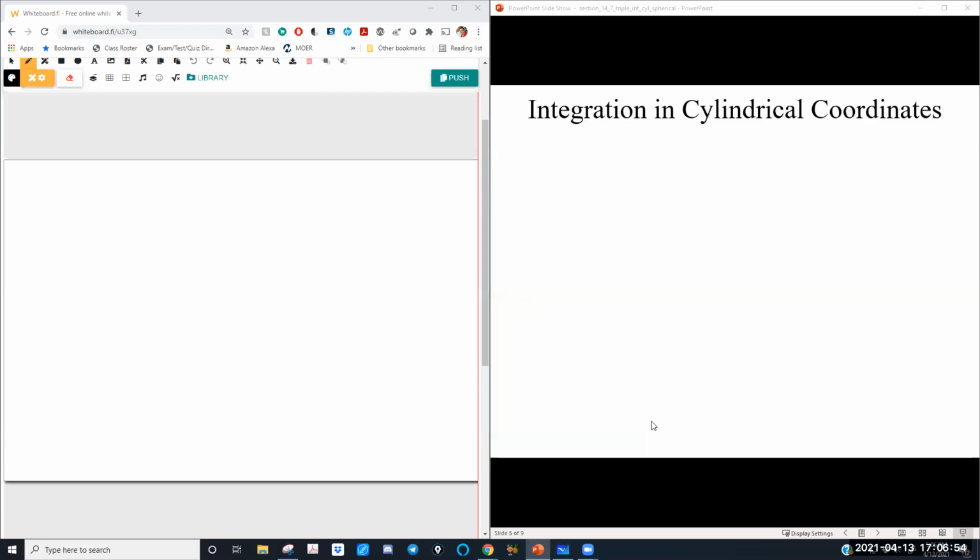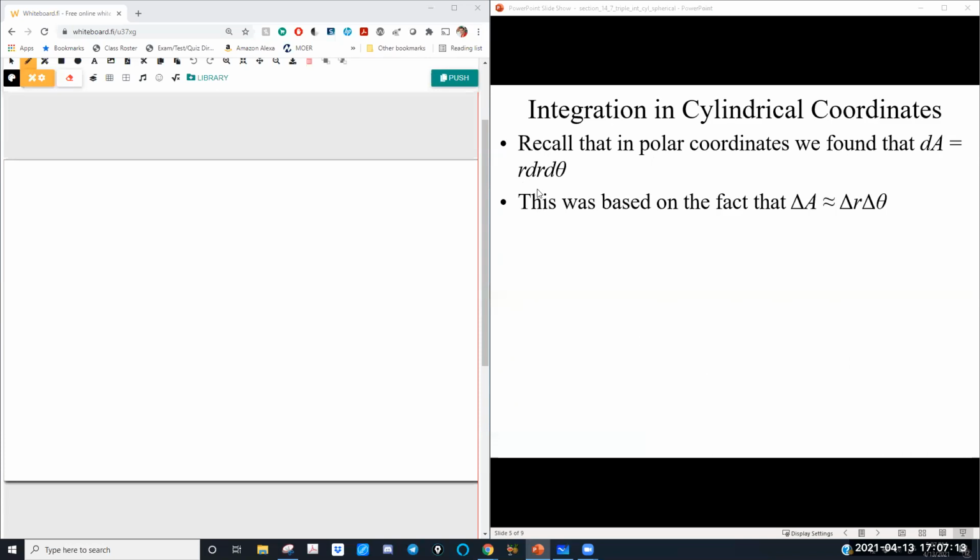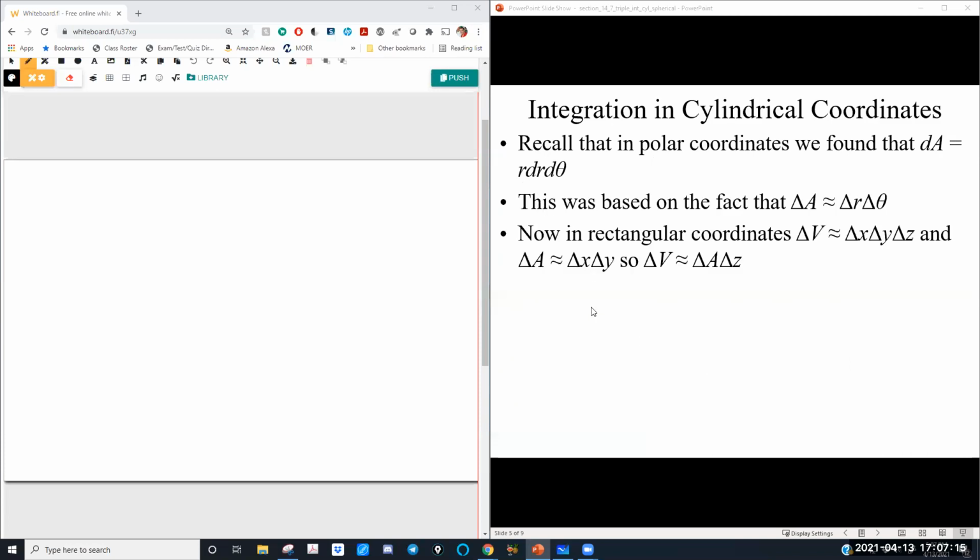Now, in cylindrical coordinates, we have to think about integrating. The reason that's important: if you remember from polar, for the dA we had to put an extra R in the integrand. Because cylindrical is just an extension of polar, that is still going to be in our integrand.